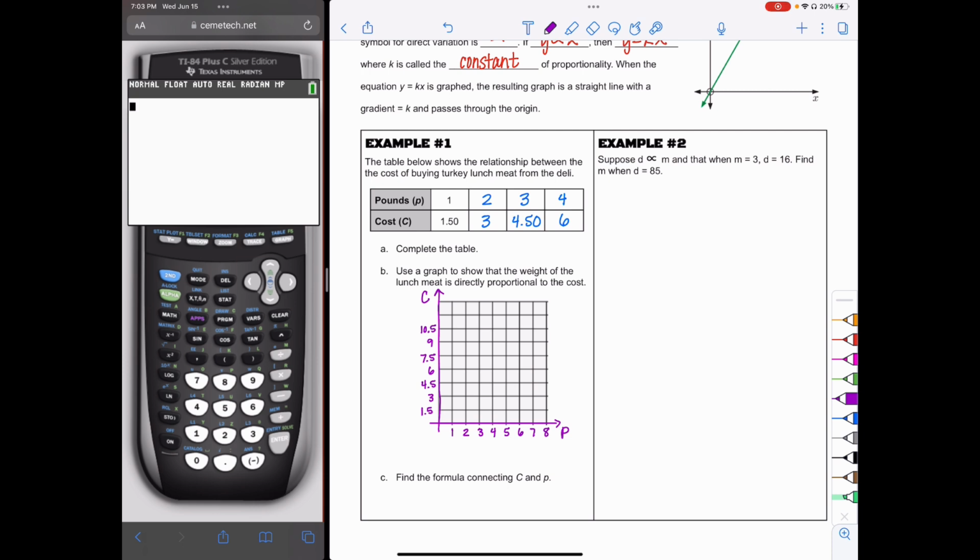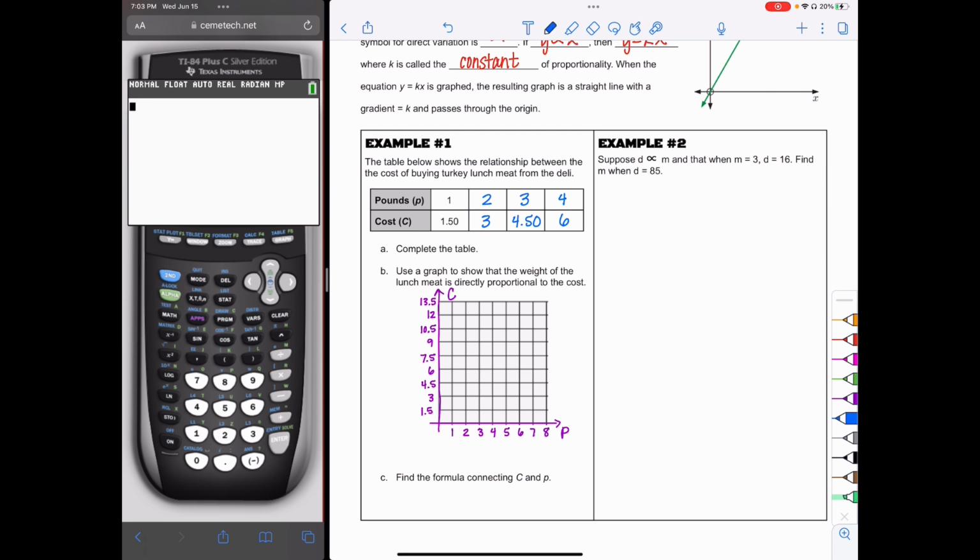All right. So when we do that, we will end up getting the following axis here.